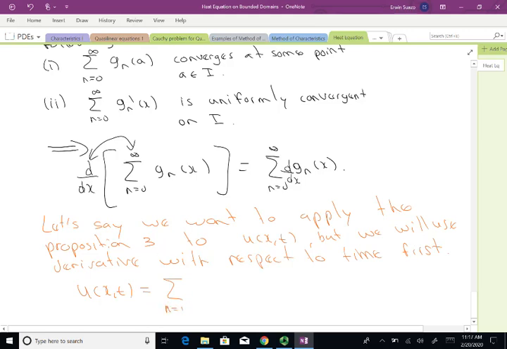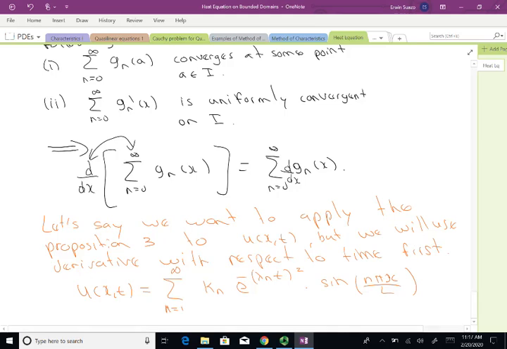In this case it's n equals 1 to infinity of k_n e to the minus lambda_n squared t sine of n pi x over L. Let me see, is that right?